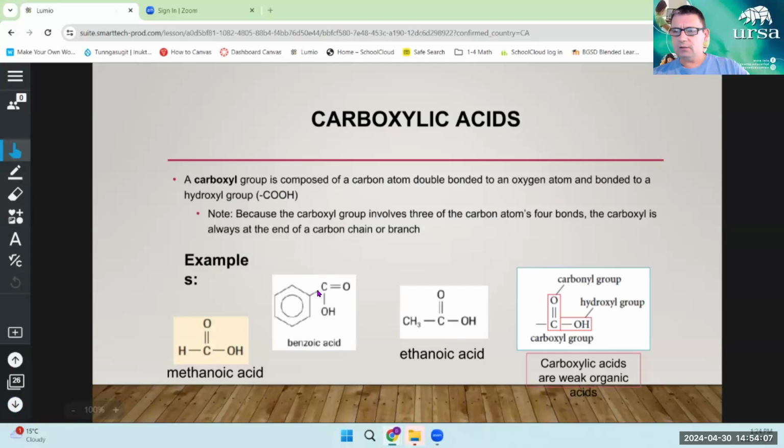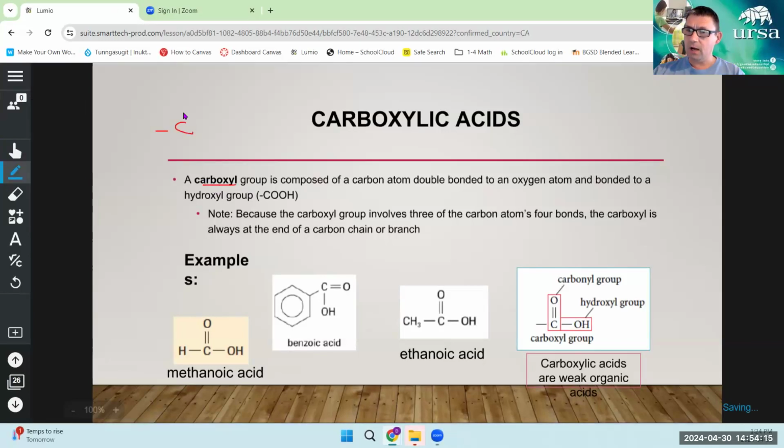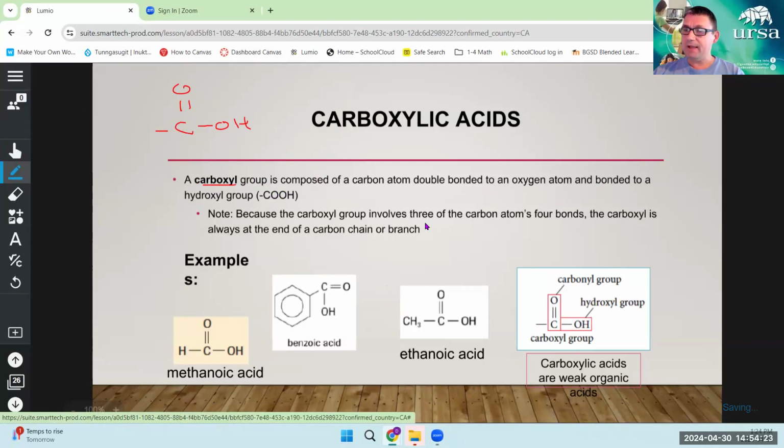So with that being continued on, remember, carboxylic acids contain what is known as a carboxyl group. Carboxyl is simply a carbon with a double-bonded oxygen and an OH group as well. When this group is attached, they're said to be a carboxylic acid, and they're named accordingly.